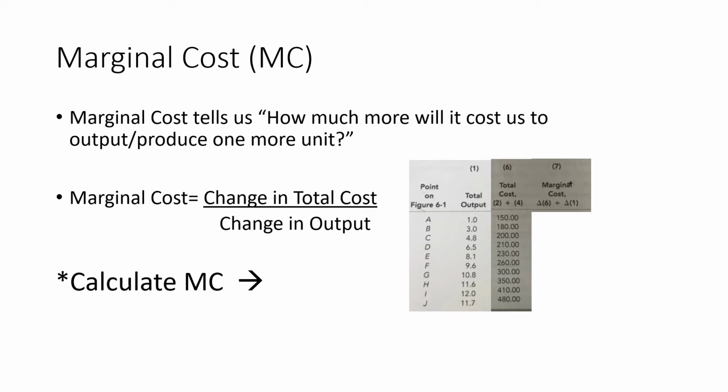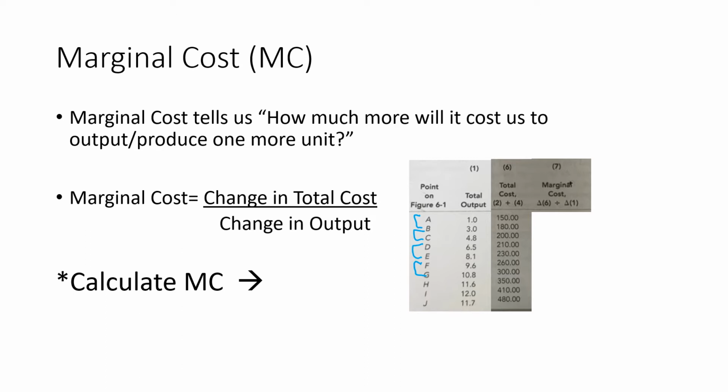Another thing that we can calculate is the marginal cost. Marginal cost tells us how much more it will cost us to produce one more unit of product at any given point. To calculate the marginal cost, it's going to be different in between each of these points.